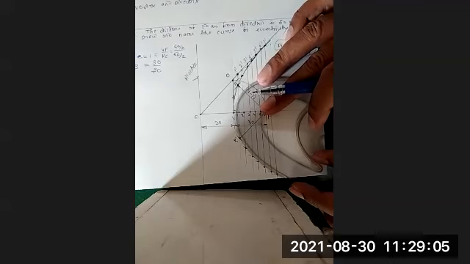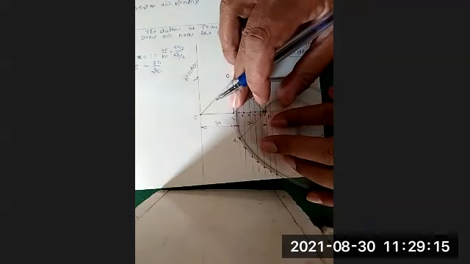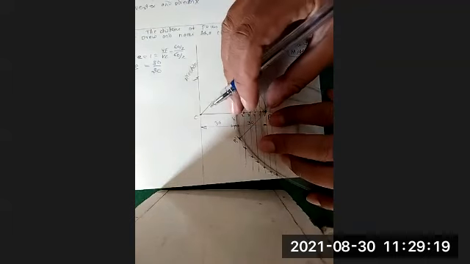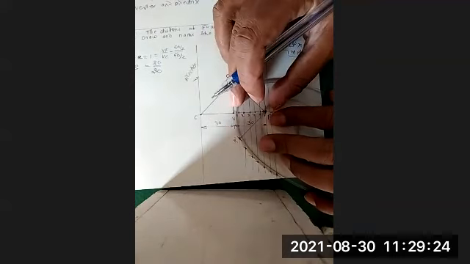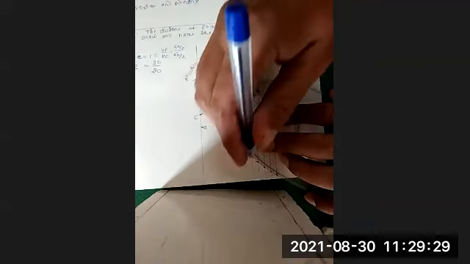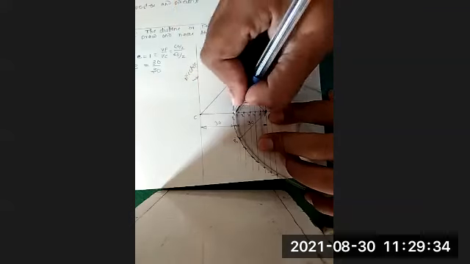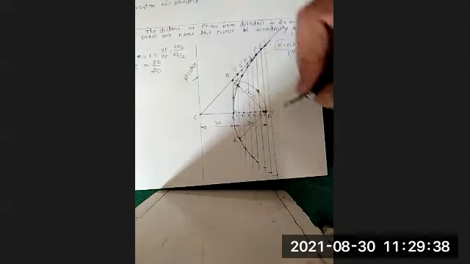Sir, can we do this with free hand, or do we use this instrument? Yes, you can do it freehand, but being a teacher, I must show you the right method of getting these points joined by using this device, even though I have introduced you to this device named the French curve.